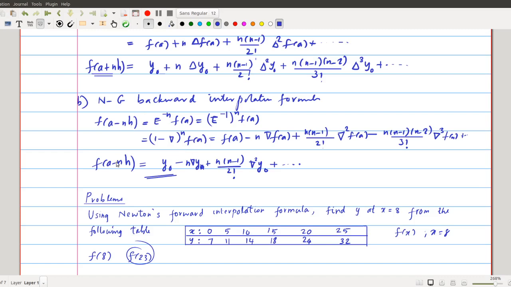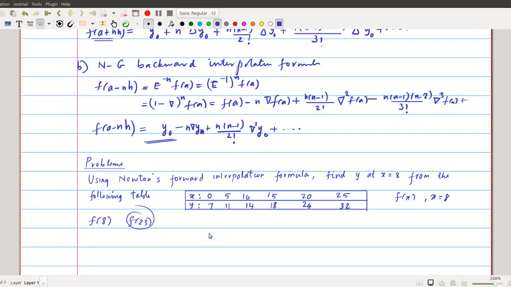So here the problem is to use Newton's forward interpolation formula to find y at x equal to 8. That means f of x at x equal to 8. So please note that if a plus nh is near the beginning, use forward interpolation formula. If a minus nh is near the end, use backward interpolation formula. So I'll write this remark here.